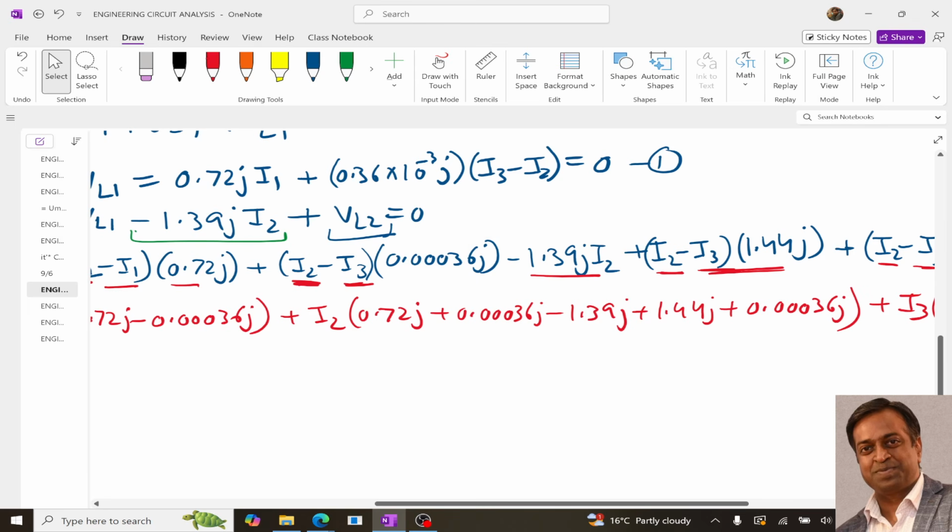Now solving this, we will get minus 0.72036 J I1 plus this.